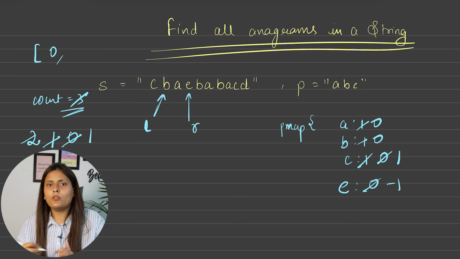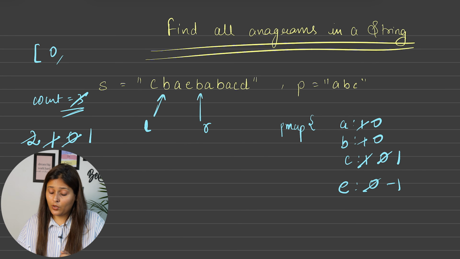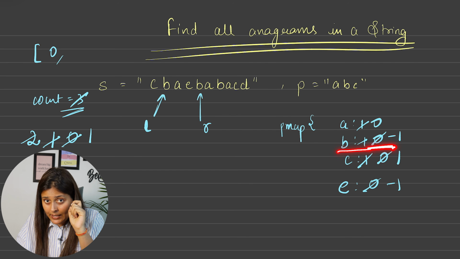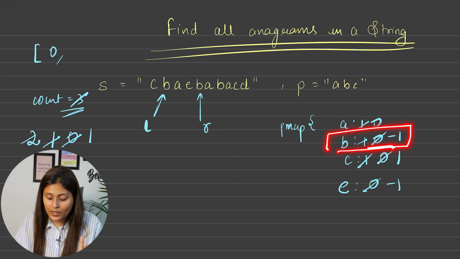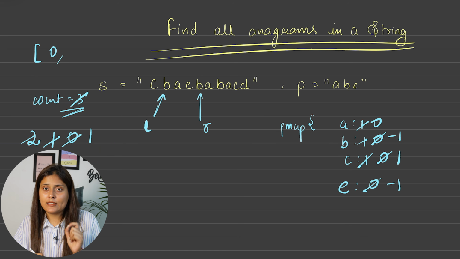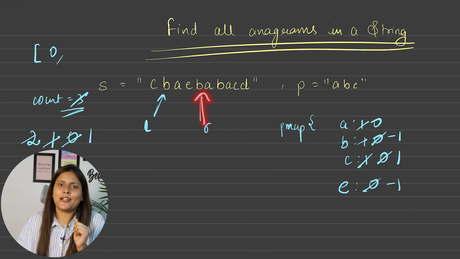Count is not 0, so this one is not a valid one. Again we will increment R to B. B incremented means it will decrease the frequency to -1. Is the frequency greater than or equal to 0? No, it is negative, which means this B which we have encountered just now is not required, so we will not reduce the count. It will still be 1, saying we want one more character, and for sure B is not that character.